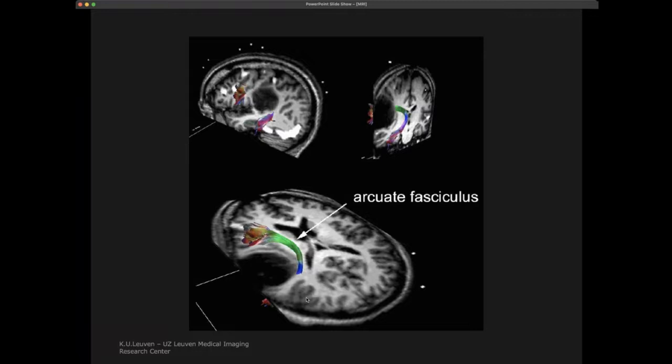This way you can visualize before doing the surgery: if I cut in such a way that I don't interrupt these tracts, then I can probably save a certain function, certain motor function, visual function, or whatever. So this way you can get information on function of the brain or functional connectivity of the brain before you actually do some intervention.